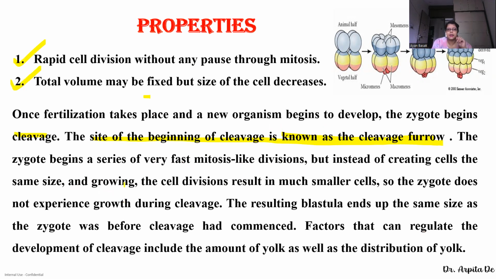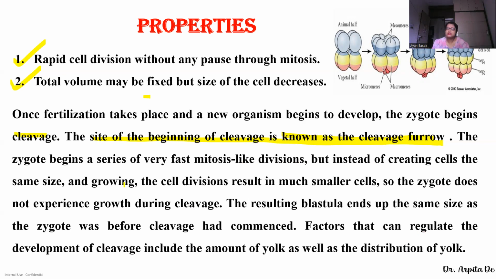So what do you understand here? Read it nicely. The zygote begins a series of very fast mitosis-like divisions, but instead of creating cells of the same size and growing, the cell divisions result in much smaller cells. So the zygote doesn't experience growth during cleavage.